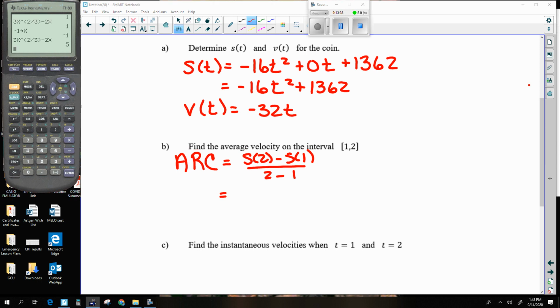I'm going to go to my calculator and go negative 16 times 2 squared plus 1362. s of 1 is that same function, but with 1 being the time, all over 2 minus 1.